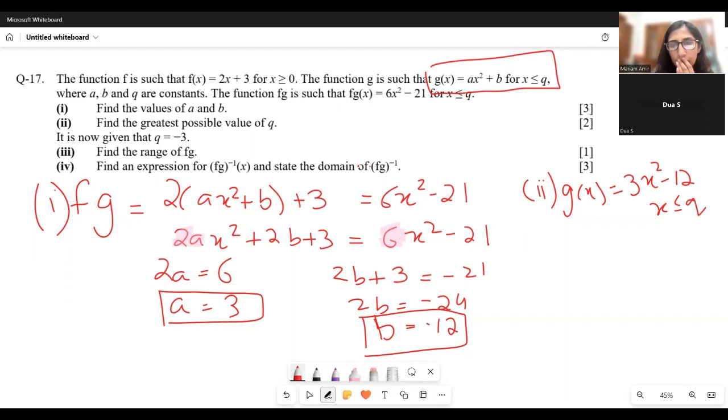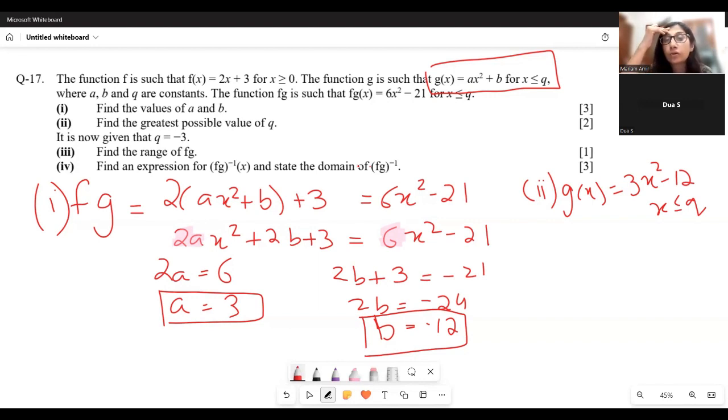Greatest possible value of q. Let's try it and see.